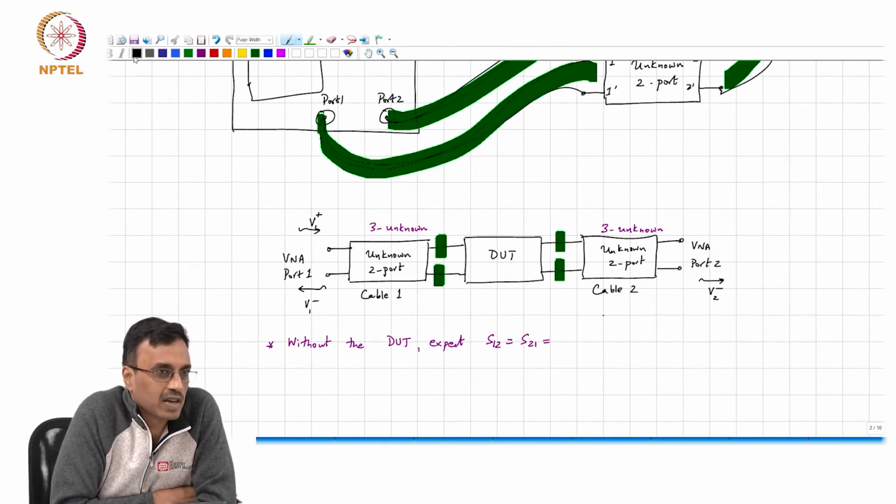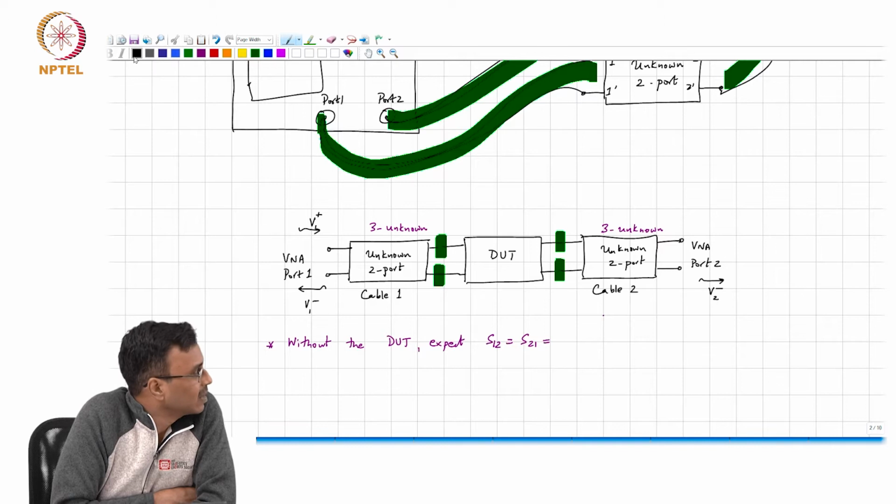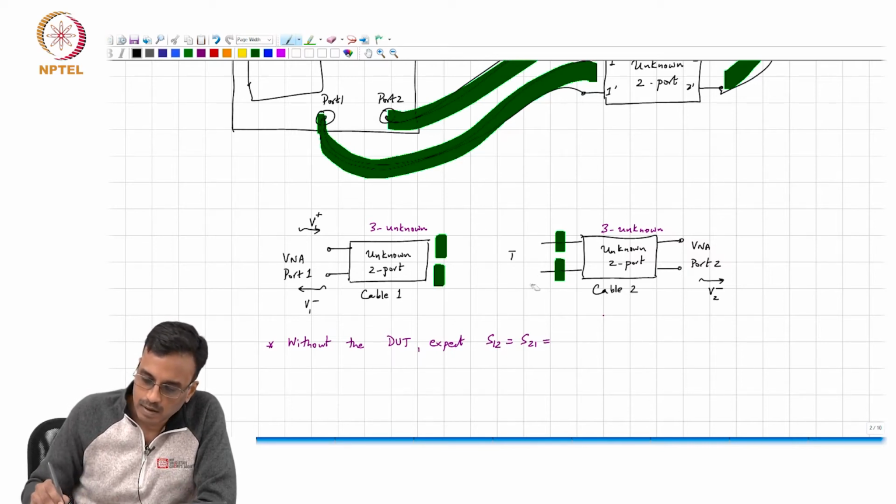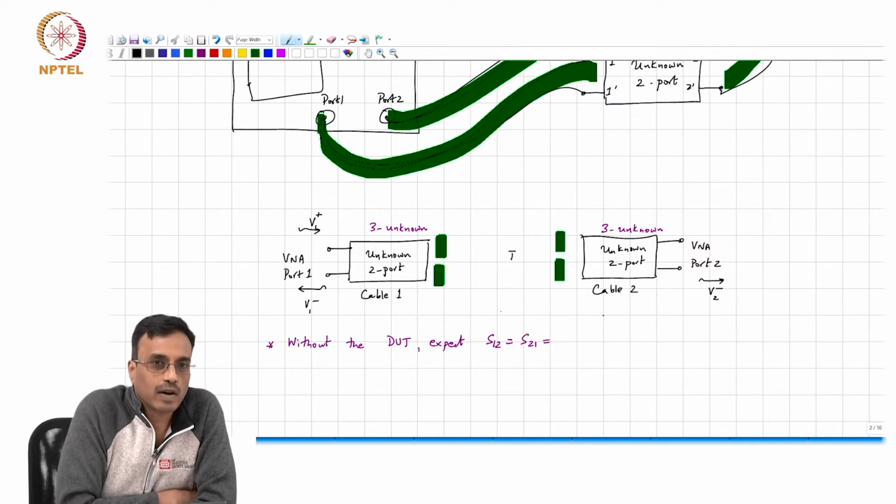The device under test is not there, it's just been removed. I've removed it, there's nothing. It looks like you guys don't understand the question, right?